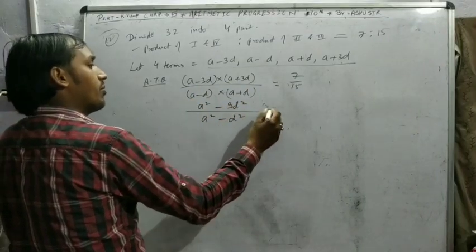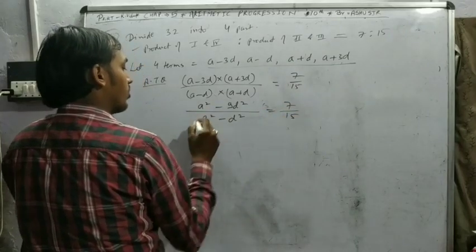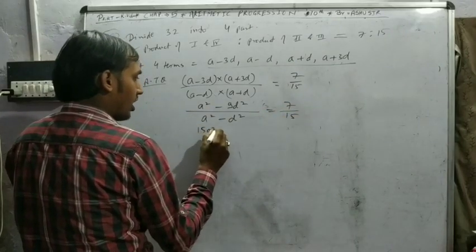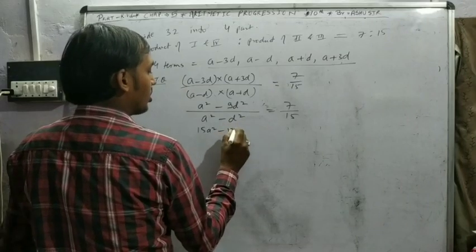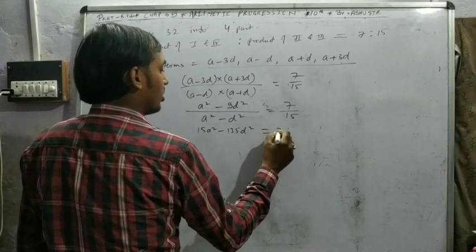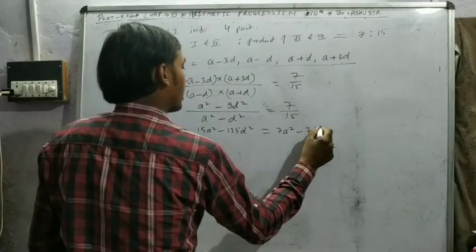Using the identity (a minus b)(a plus b) equals a square minus b square, same here, cross multiply. 15a square minus 135d square equals 7a square minus 7d square.